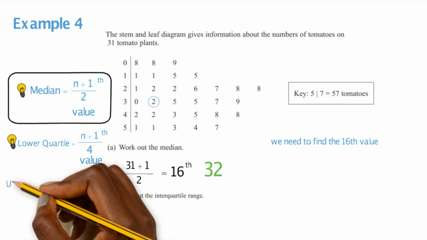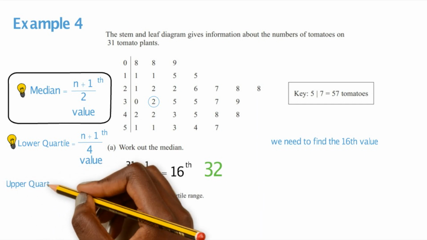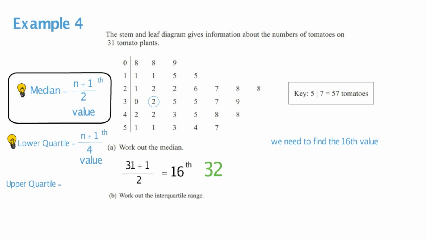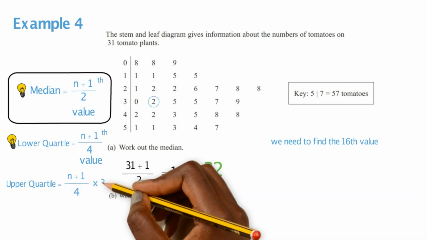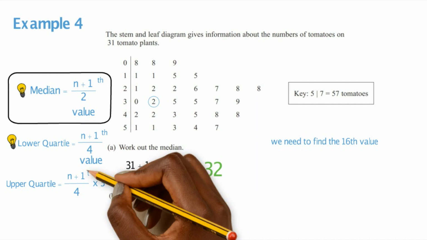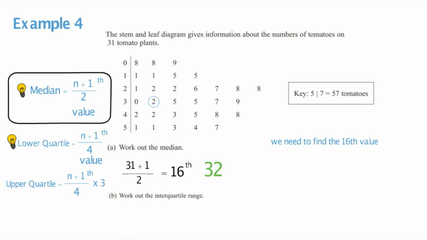Then for your upper quartile, it's equivalent to 3/4, so you're going to do n plus 1 over 4, your quartile, but multiplied by 3. And for the interquartile range, it's the difference between the upper and the lower quartile, so you would do your upper quartile minus your lower quartile.